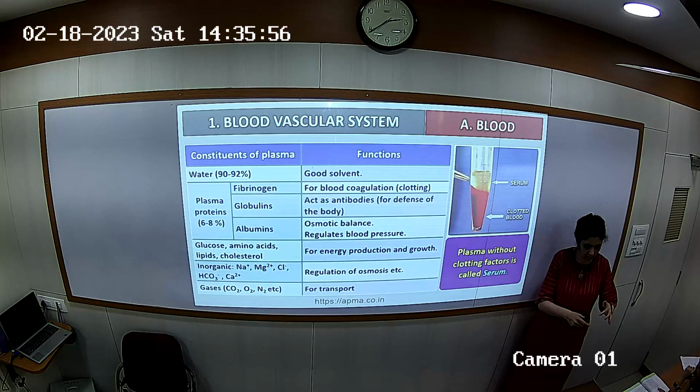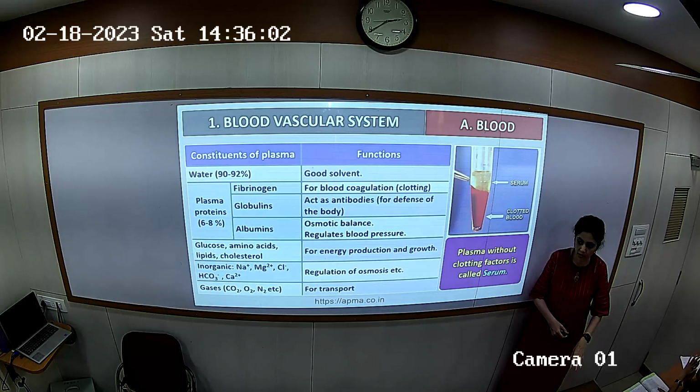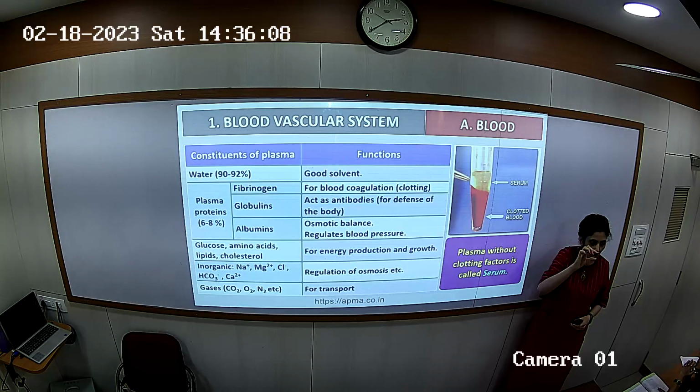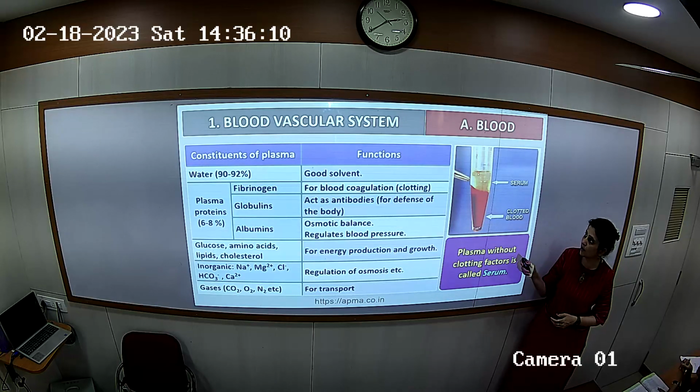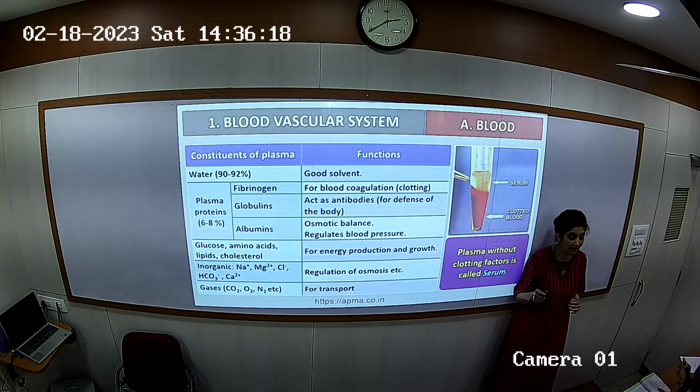If you get an injury and you take the blood and suspend it in a test tube and allow it to clot, there will be a yellowish fluid-like layer remaining above. Below is the clotted blood, and above is the plasma without the clotting factors.